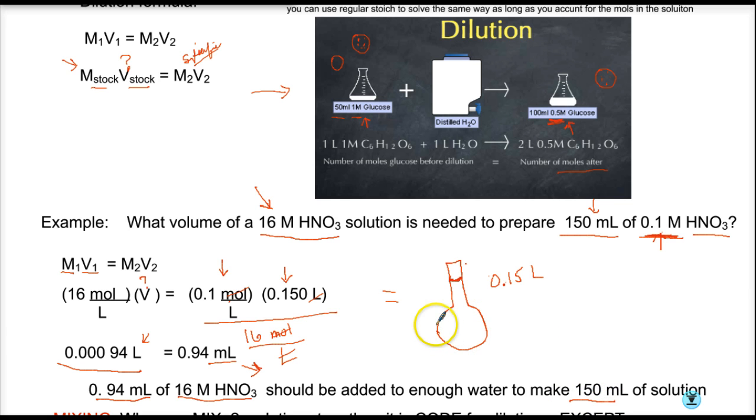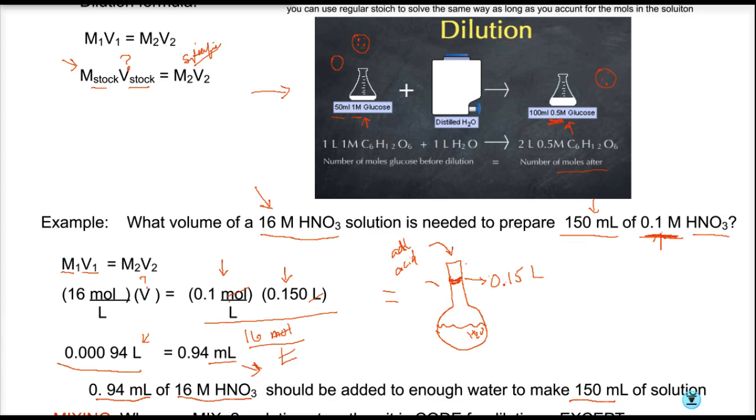So we would put about 100 milliliters of water, not full, and then very carefully and very slowly add the acid, swirl, and then finish filling it to the final mark at 0.15 liters. So that's how you make a solution.